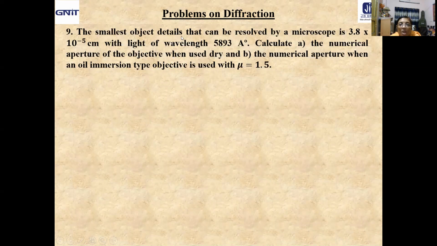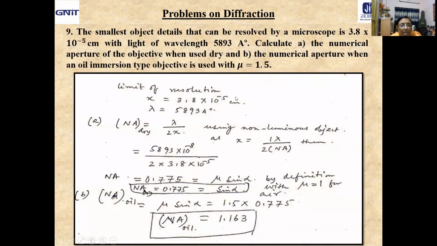The smallest object details, that means the limit of resolution, that can be resolved by a microscope is 3.8 into 10 to the power minus 5 centimeter. So it is definitely limit of resolution. Light of wavelength is given. Calculate the numerical aperture of the objective when used dry.